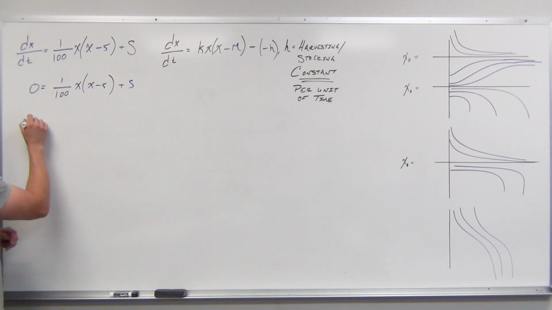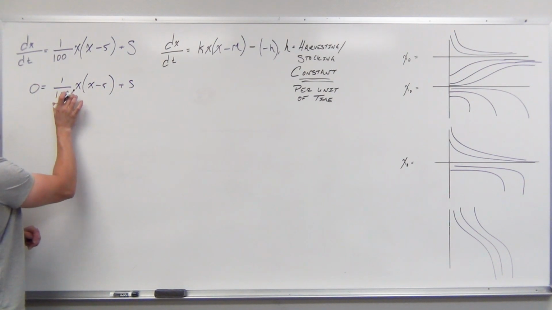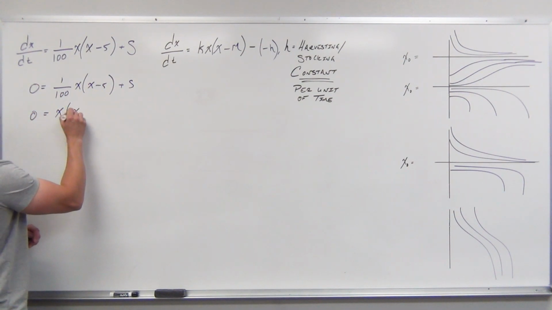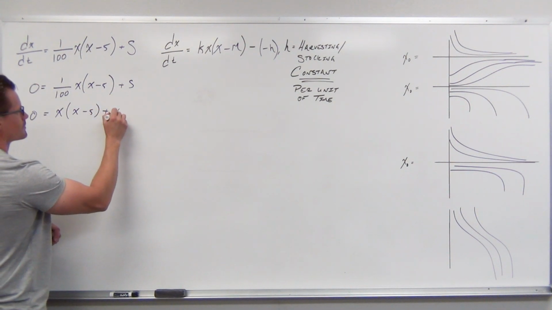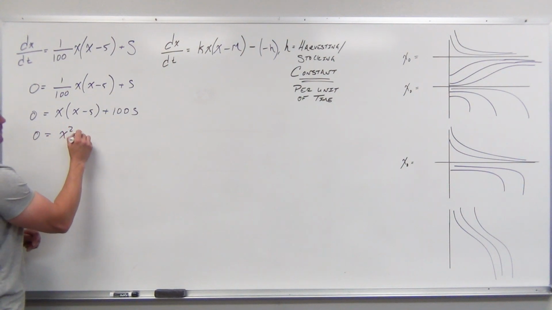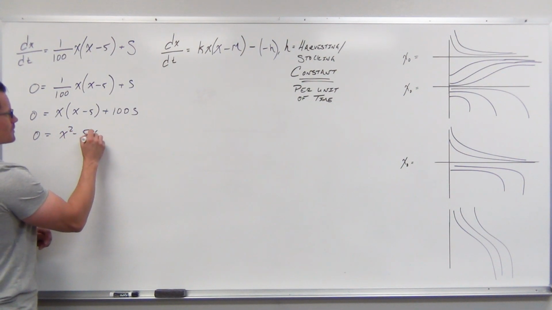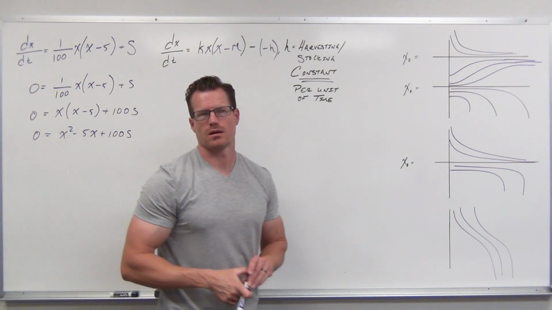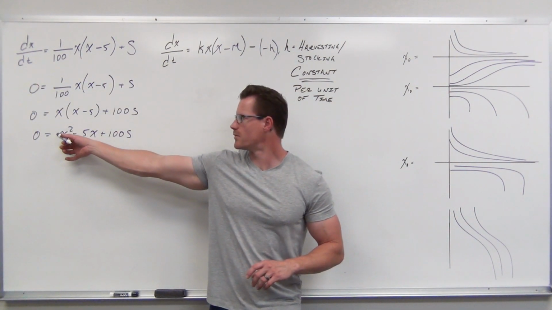Multiply everything by 100, cancel that, and distribute. We see something different right off the bat. We see that there's no negative out front.